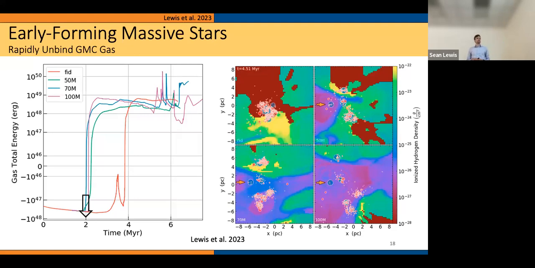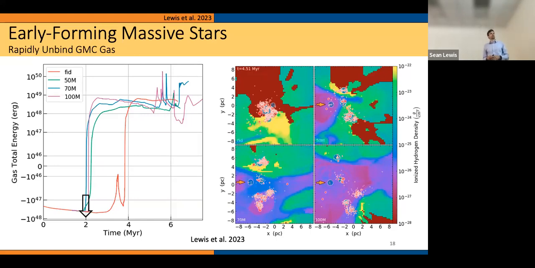There are some fluctuations in the fiducial run because, as I said, there are other massive stars forming, but it's not until around this 4 million year mark that a significant star formation event takes place. Several 60 solar mass stars form and are ultimately able to unbind the gas globally.